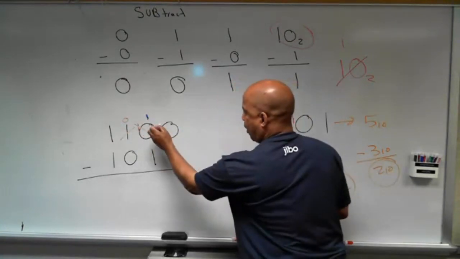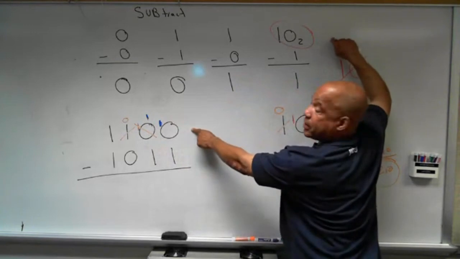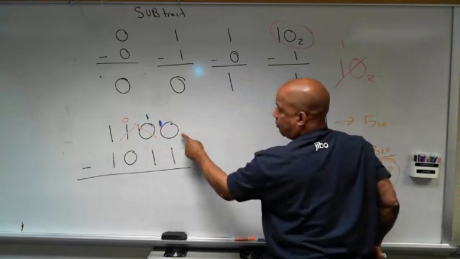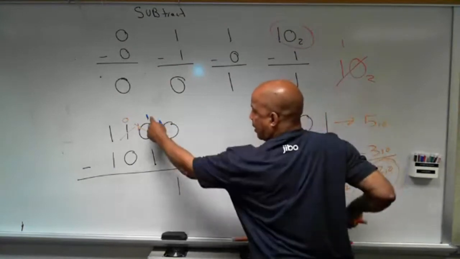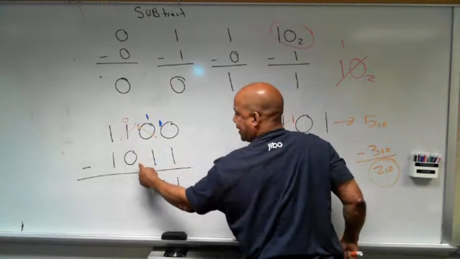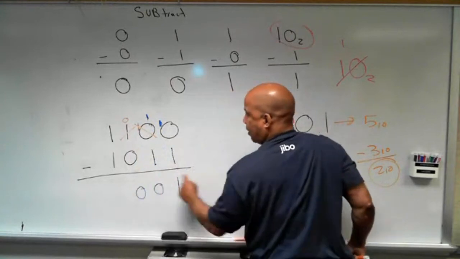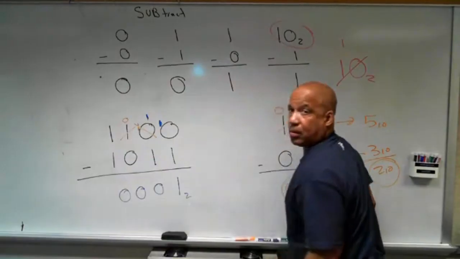And the 1 that I borrow comes over here. Now this is a 1, 0, and I'm applying that rule again. So a 1, 0 take away 1 is a 1. A 1 minus a 1 is a 0. A 0 minus a 0 is a 0. And a 1 minus a 1 is a 0 base 2.